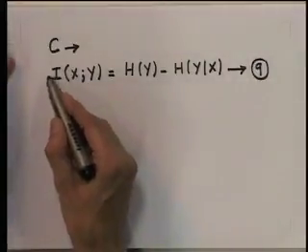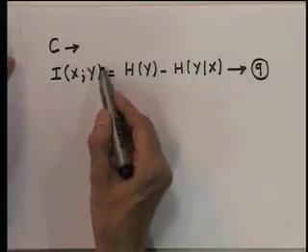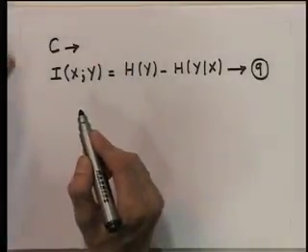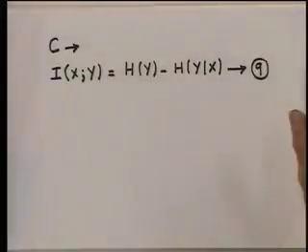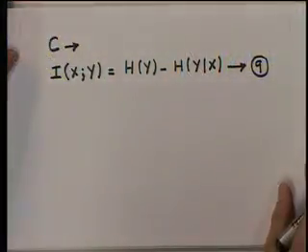Now, the channel capacity C is the maximum value of the mutual information per second. So, let us first find the maximum value of I(x;y) per sample.